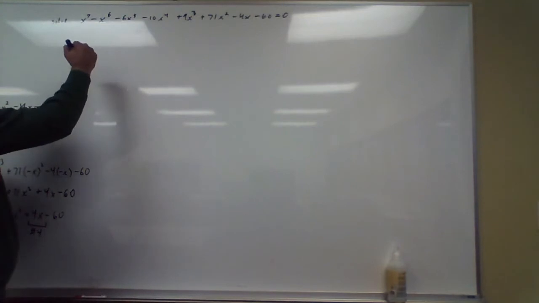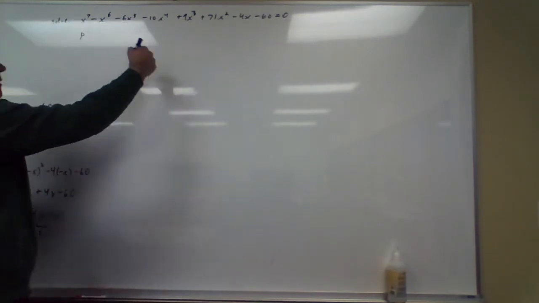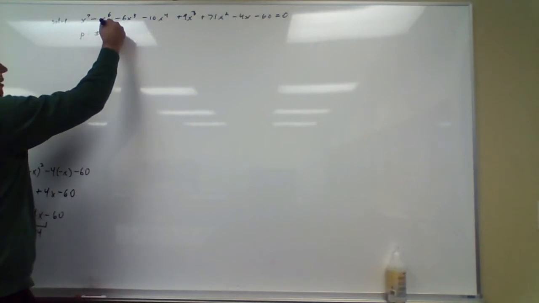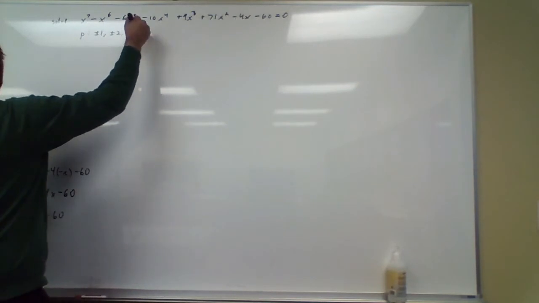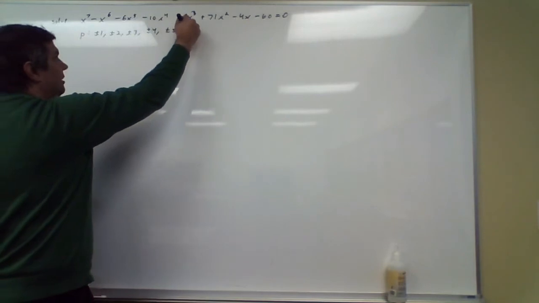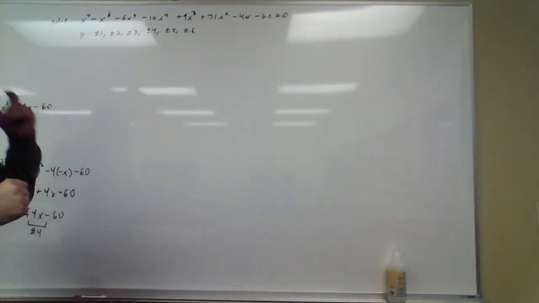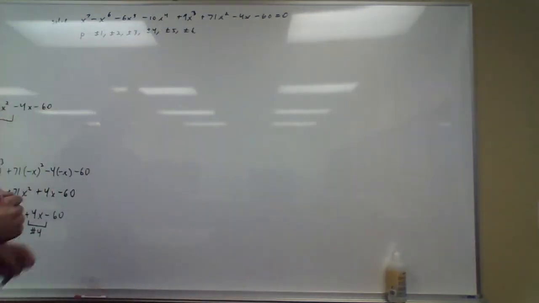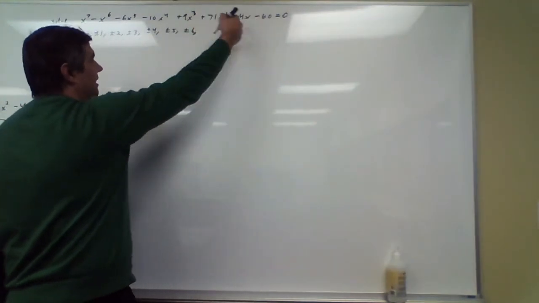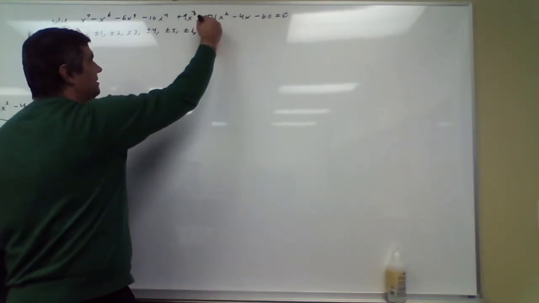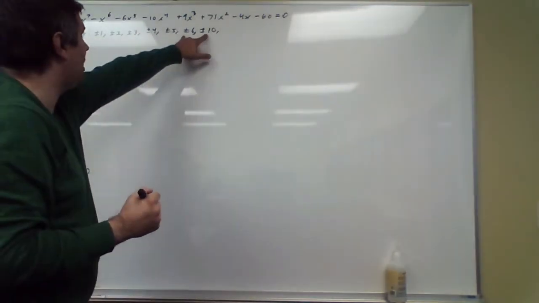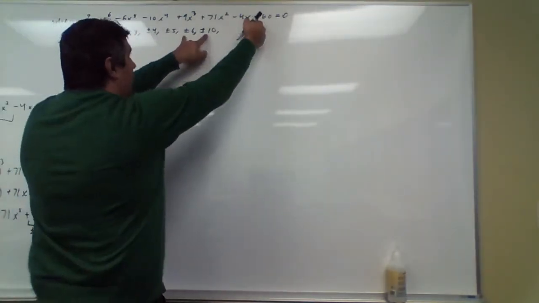So P is all my factors of 60. That includes 1, 2, 3, 4, 5, 6. Okay, now 7 is not a factor, 8 is not a factor of 60, 9 is not a factor of 60, 10 is. All right, so as we were working our way up the factors of 60, we got a matching pair.